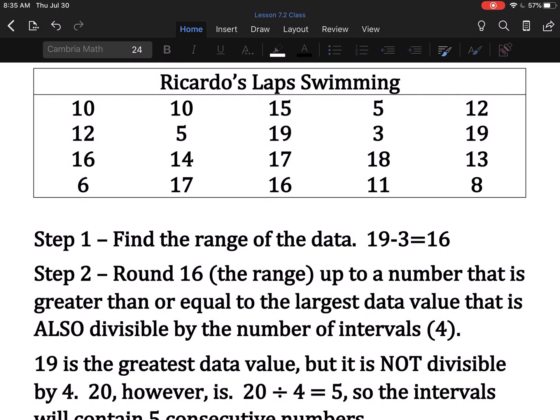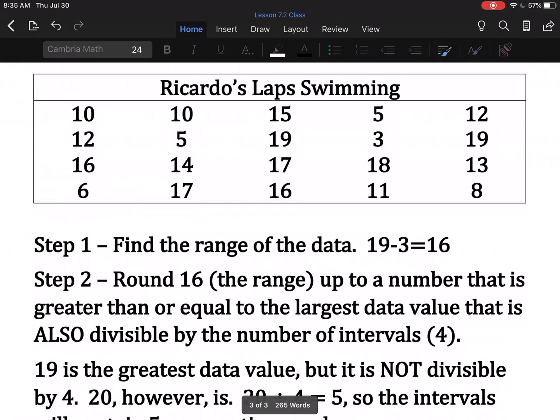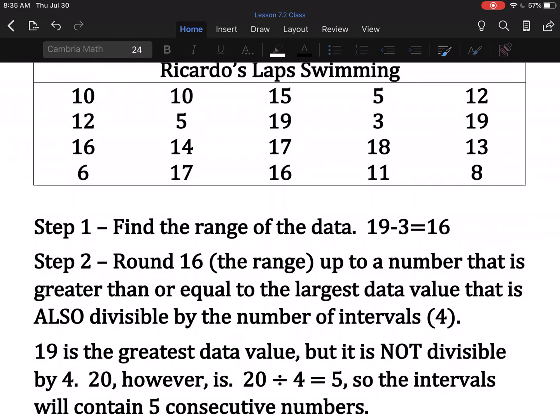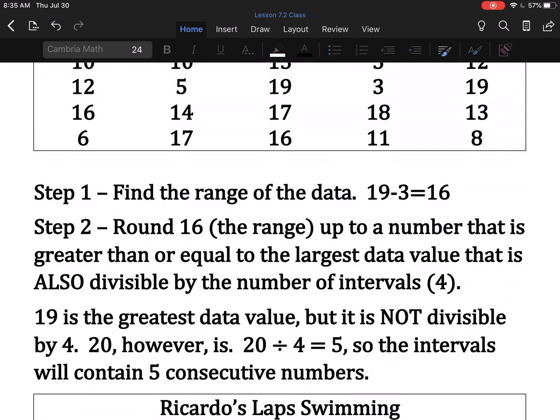The biggest number is 19. We were told to do 4 intervals. 19 does not divide by 4. So move up until we hit a number that does. 20, the next number, of course, does divide by 4. 20 divided by 4 is 5. So our intervals will have 5 consecutive numbers.